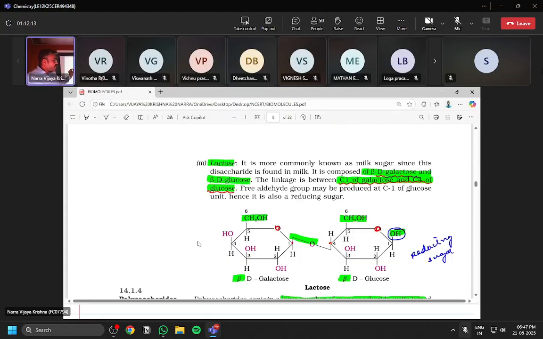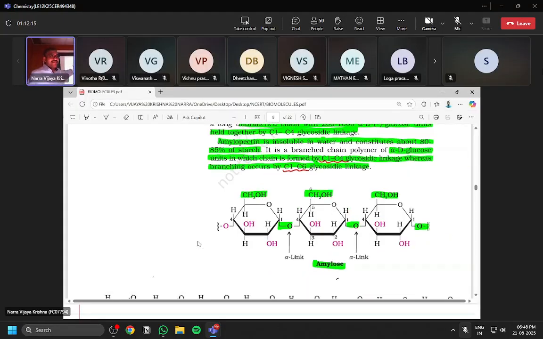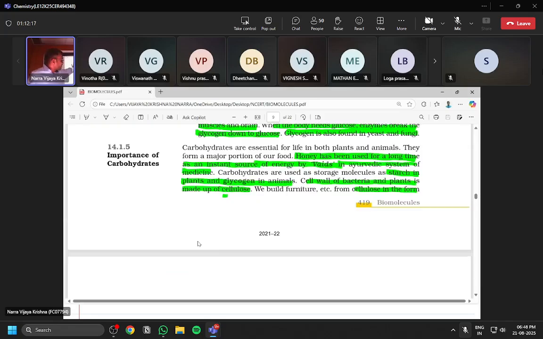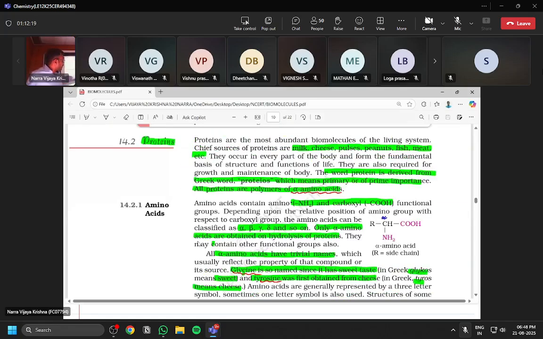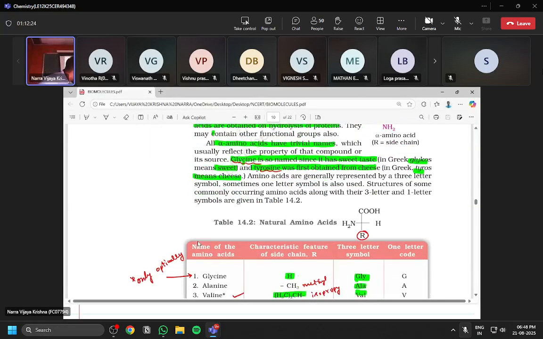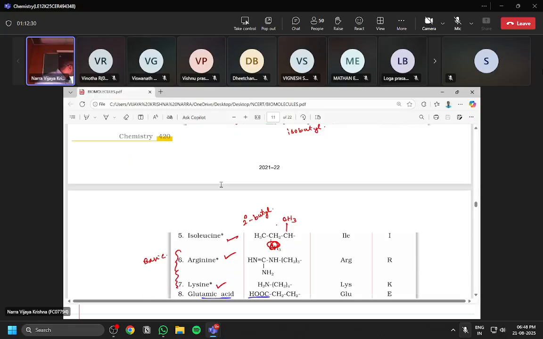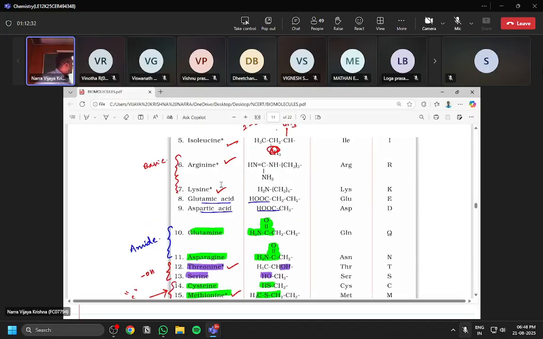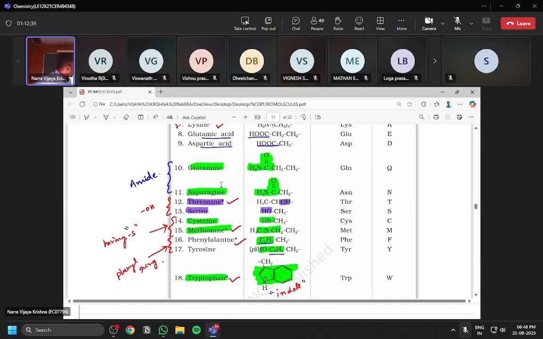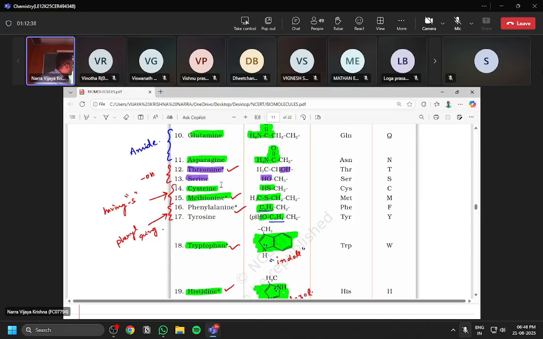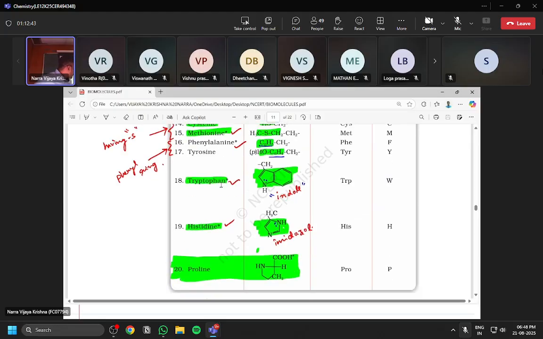Every point from your NCERT, I have read every point, right? Now we are discussing this proteins part. In this, you must be thorough with this table: glycine, alanine, valine, leucine, isoleucine, arginine, lysine, glutamic acid, aspartic acid, glutamine, asparagine, threonine, serine, cysteine, methionine, phenylalanine, tyrosine, tryptophan, histidine, proline.